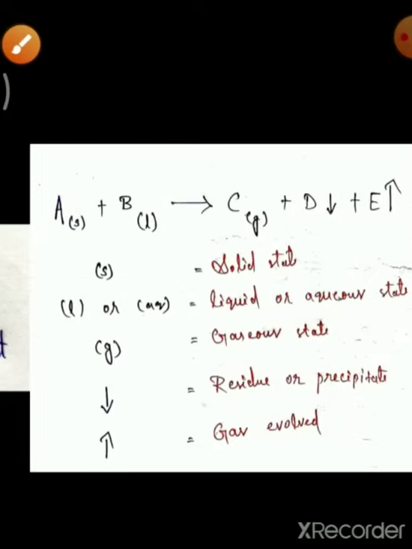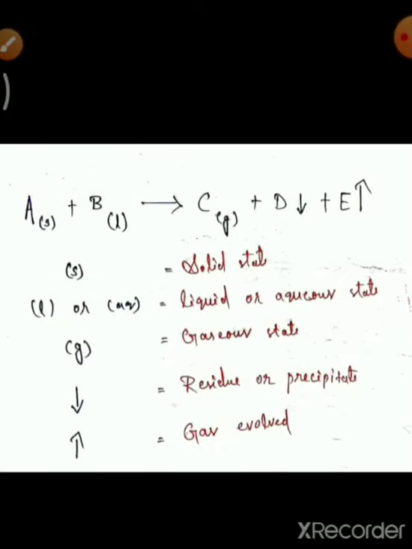Okay, then sometimes you will see in some reactions these types of symbols, like S, L, G, an arrow mark pointing downward and an arrow mark pointing upward. What does that mean? Let's see.